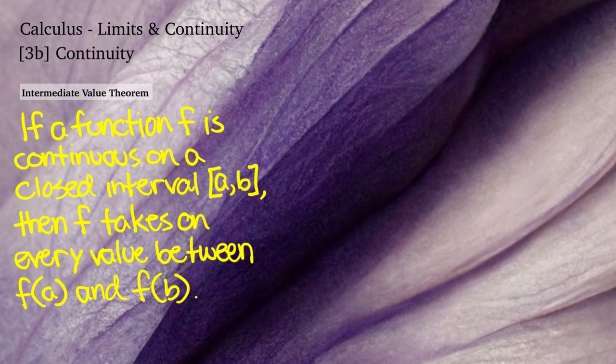The theorem is simple, intuitive, and useful. I want to point out that the hypothesis of this theorem is that the function you're working with is continuous on a closed interval. In other words, the function being continuous on an interval is the condition of this theorem.